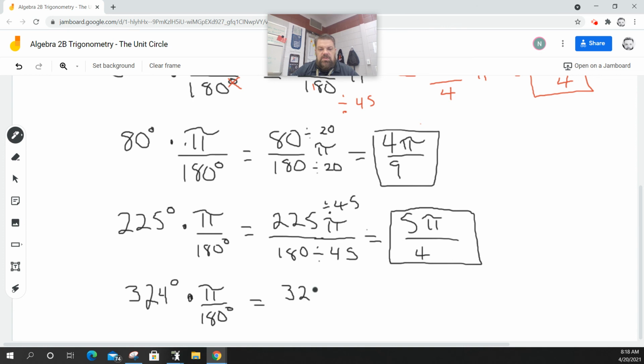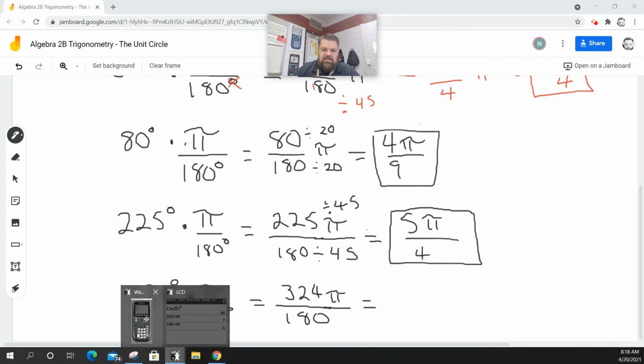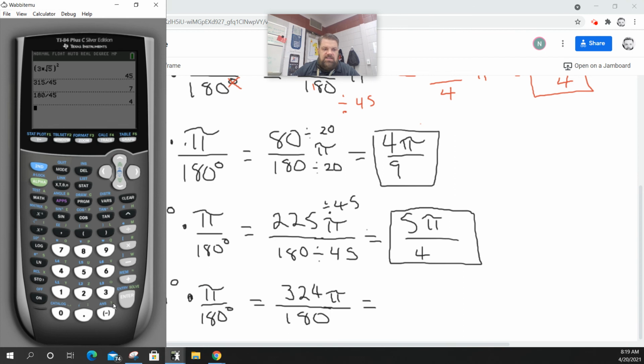I get 324 divided by 180 times pi. Well, they're both divisible. So this is an interesting one. They're both divisible by 4, I think. They might even be divisible by 6.